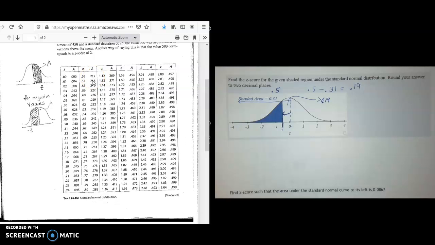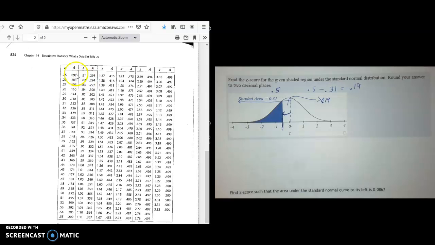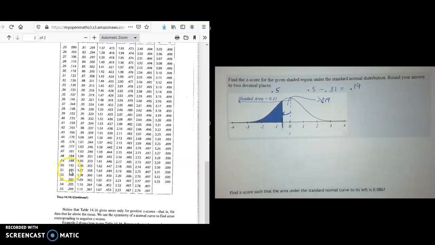I don't see it. So I have another part of the table here. 0.19. Okay, here I have 0.188 and 0.192. So 0.19 is in between there, right? So what you want to do is find out which one is closer.